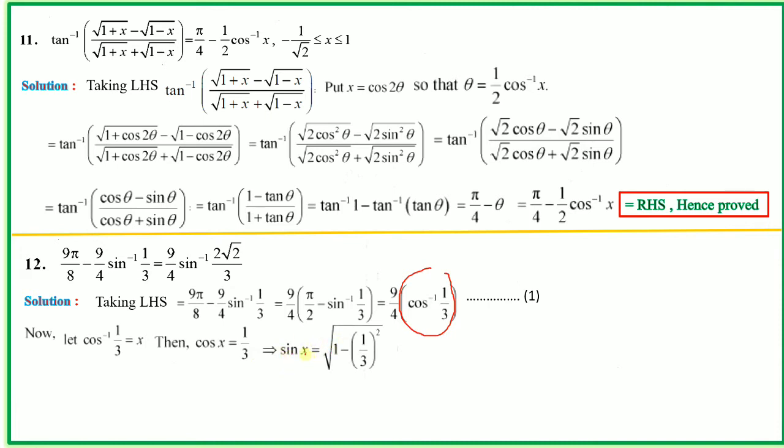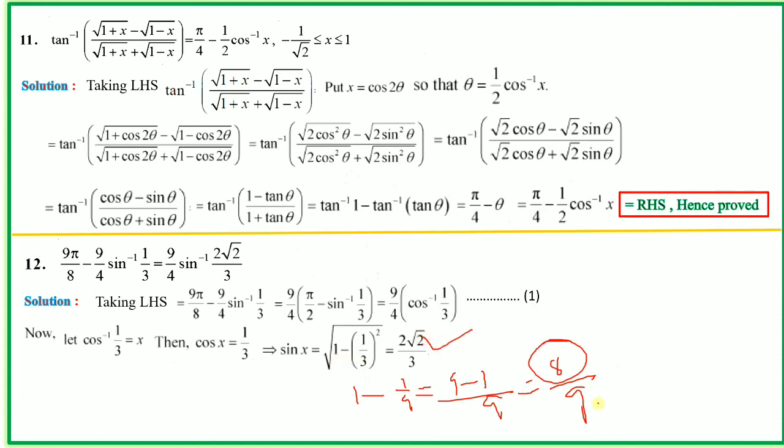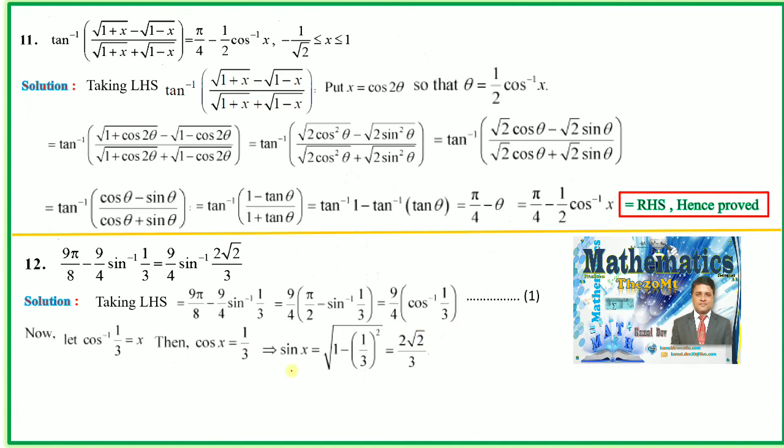So sin x, you know sin square x is equal to 1 minus cos square x, so taking square root, under root 1 minus cos square x, and cos x is equal to 1 by 3, so 1 minus 1 upon 3 whole square, which is equal to 1 minus 1 upon 9, so is equal to 9 minus 1 upon 9, which is nothing but 8 upon 9, and square root of 8 is 2 root 2, and square root of 9 is 3. So 2 root 2 upon 3.